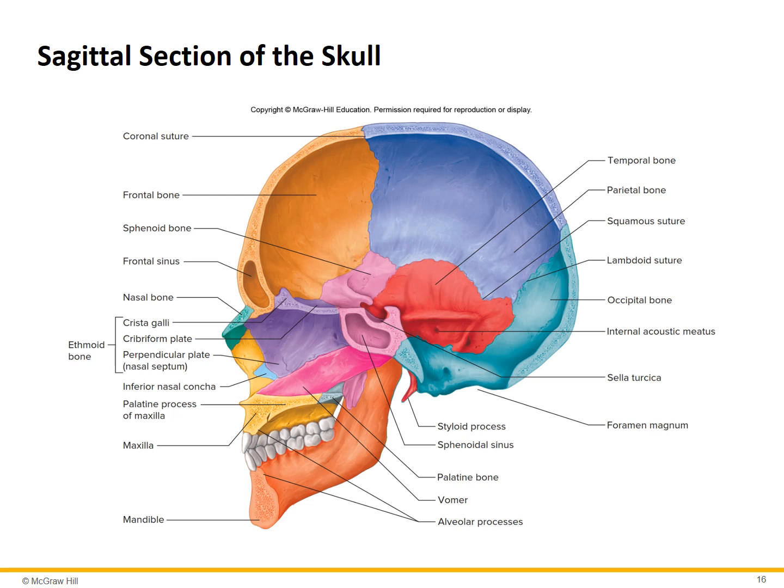So in this sagittal section, you can note the frontal sinus, the sphenoid sinus, and it gives you a really good idea of the bones that form the nasal septum. So this includes the perpendicular plate of ethmoid, which articulates with the vomer bone, and the vomer bone rests on top of the palatine process of maxilla and the palatine bone.